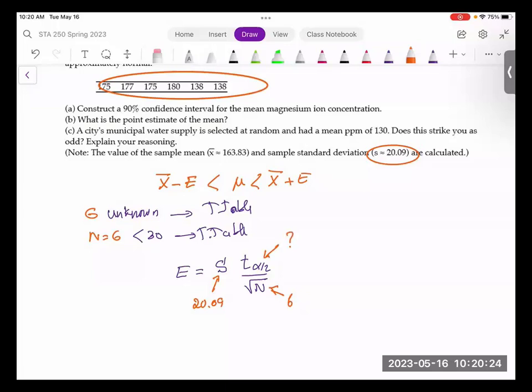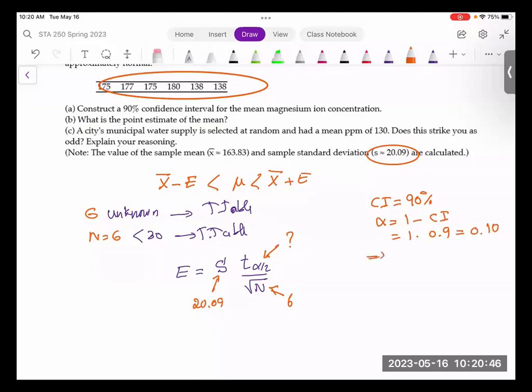So first of all, you need to figure out what is alpha. If you have the confidence interval equal to 90%, the alpha will be 1 minus the confidence interval, right? That's going to be 1 minus 0.9, and that's going to be 0.1 or 0.10.